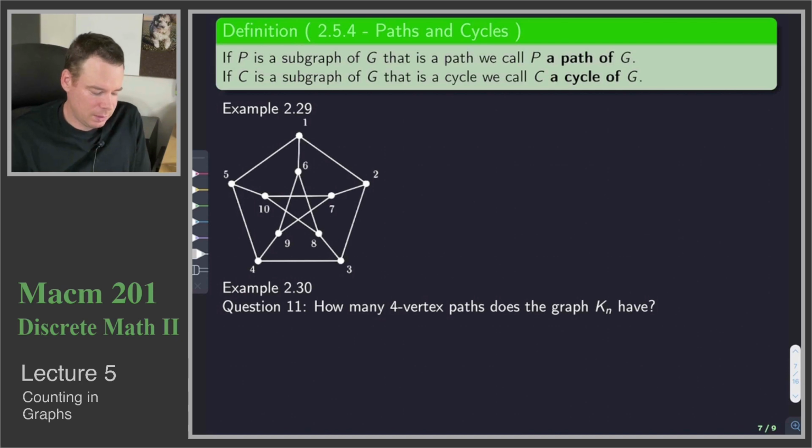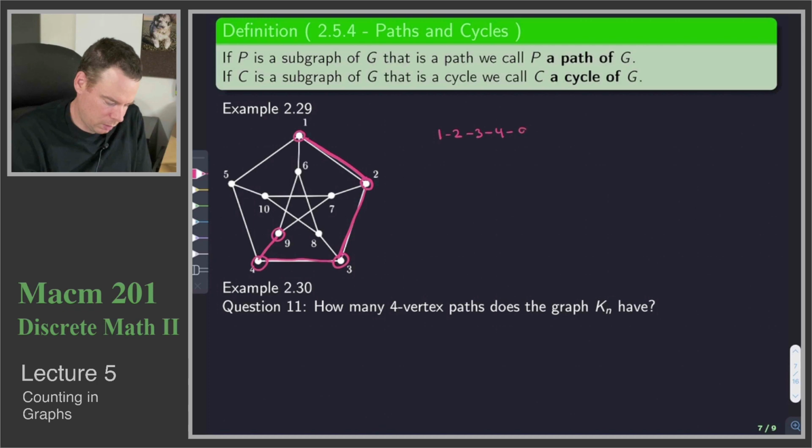So if P is a subgraph of a graph G, and it is also a path, we call it a path of G. If C is a subgraph of G which is also a cycle, we call it a cycle of G. So for example, we could start at vertex 1, use the edge connecting it to 2, then the edge connecting it to 3, then the edge connecting it to 4, and then the edge connecting it to 9. So 1 to 2 to 3 to 4 to 9 is a path in G, or a path of G.